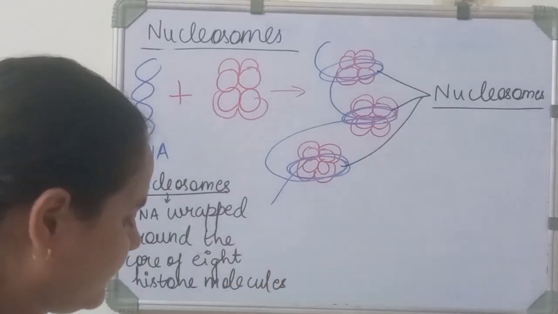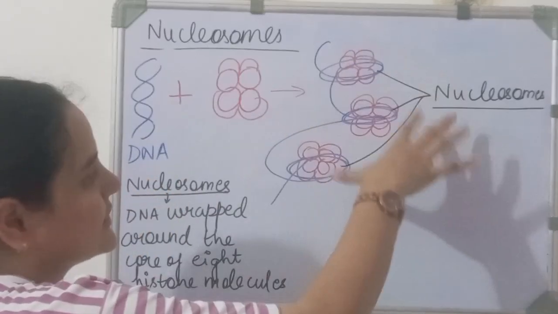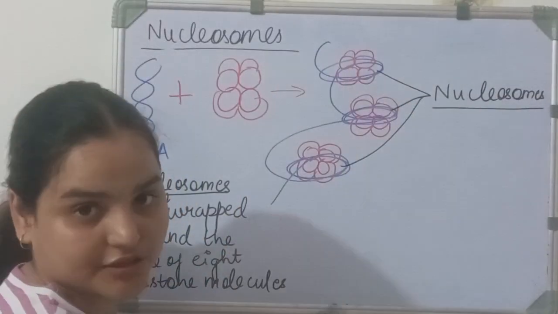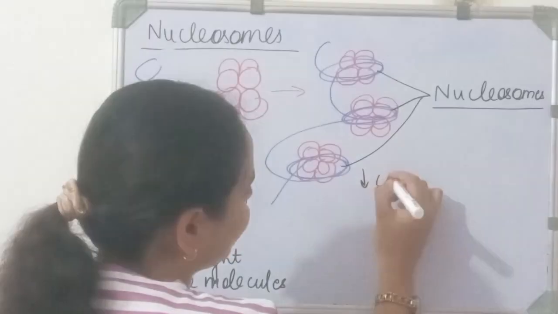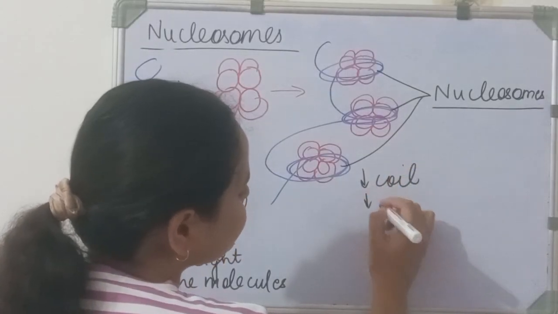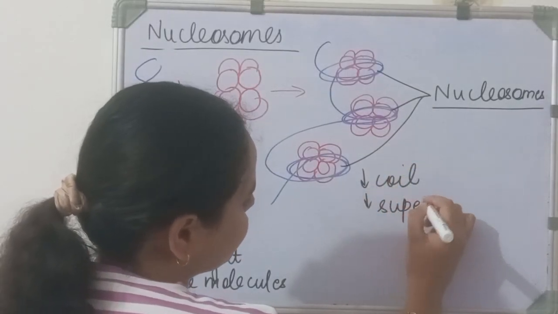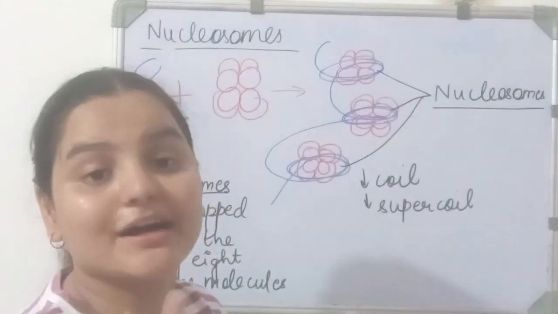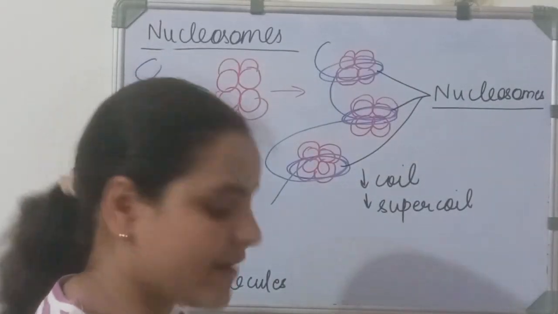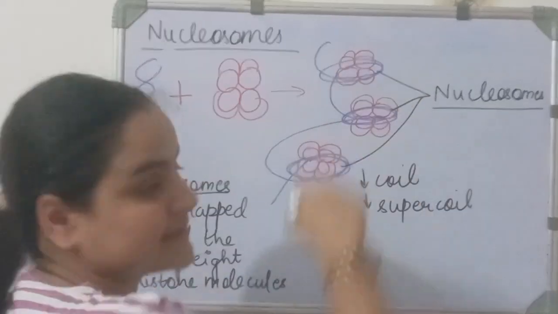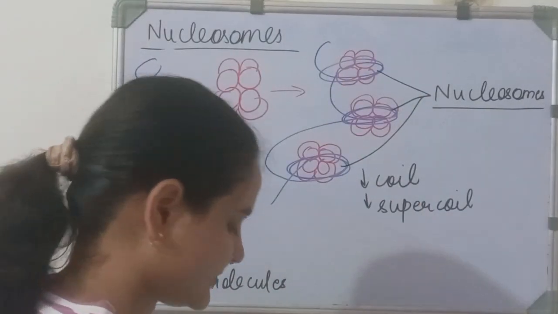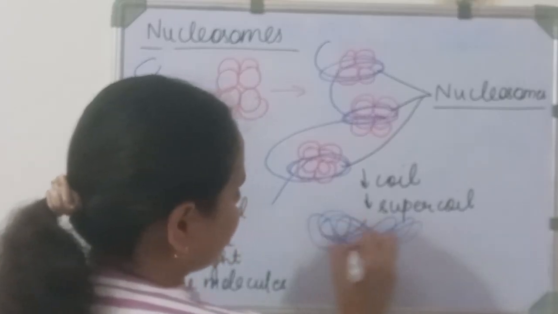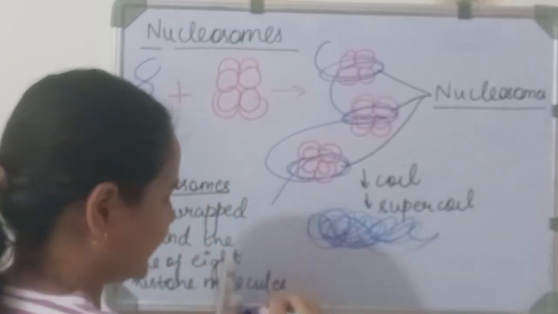Okay, now this is a nucleosome. If we take this whole structure and coil and supercoil it, which means we fold and fold and fold, what do we get? We get chromatin fibers. After coiling this, we get chromatin fibers. See how we have coiled it.